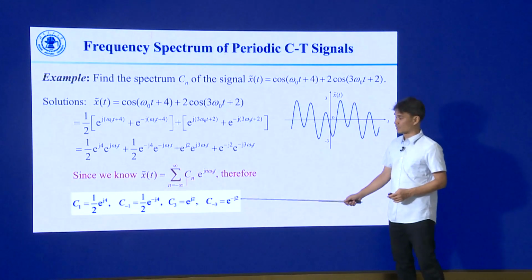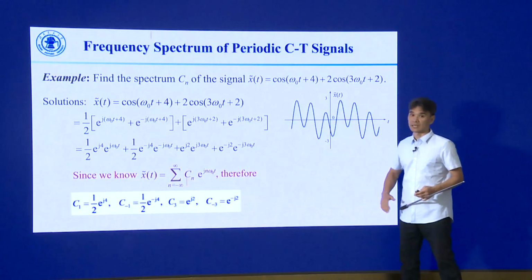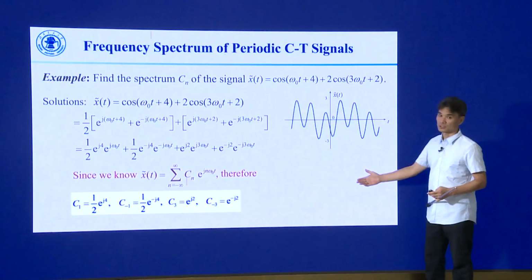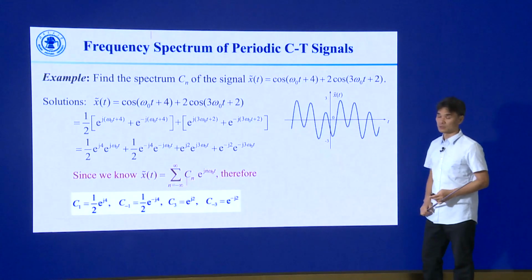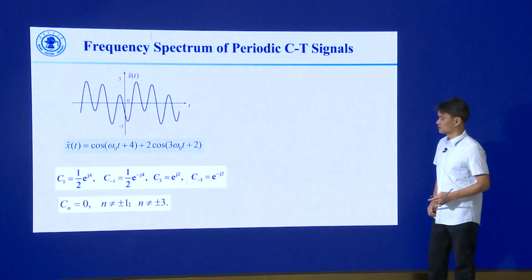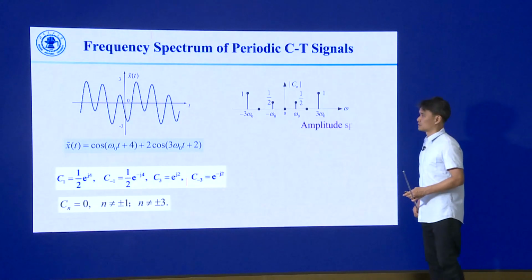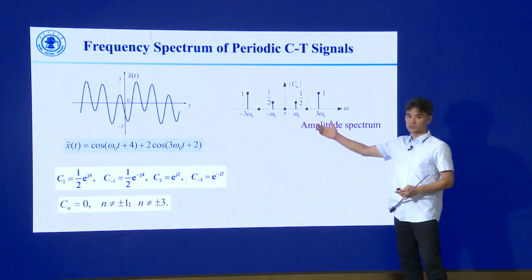So based on this, we'll already get the Fourier transform, or the Fourier spectrum, of the given signal here. And the plot of the spectrum will look like this.